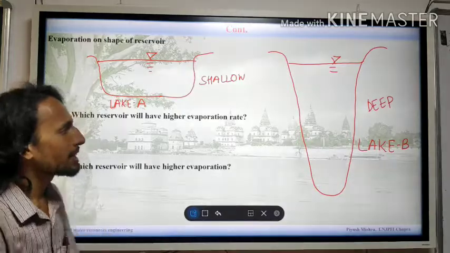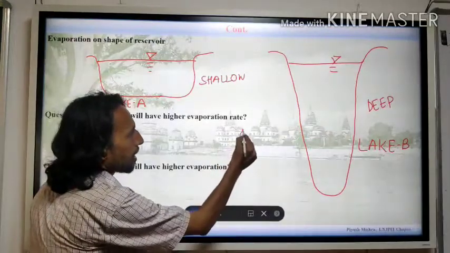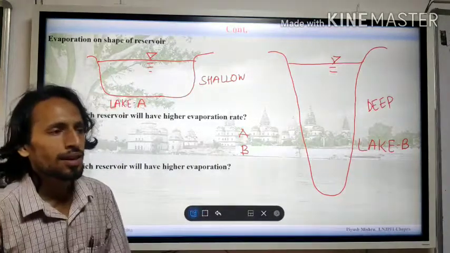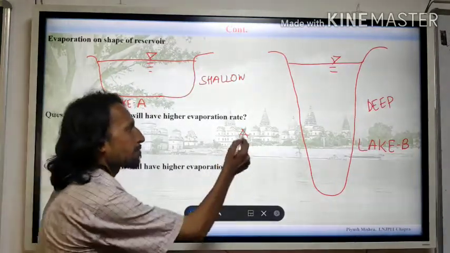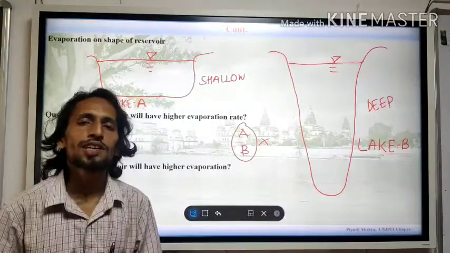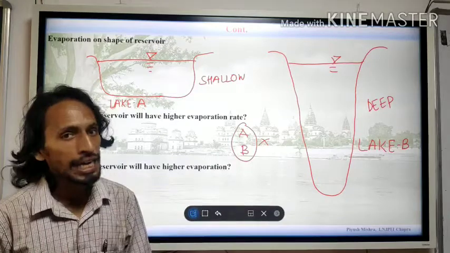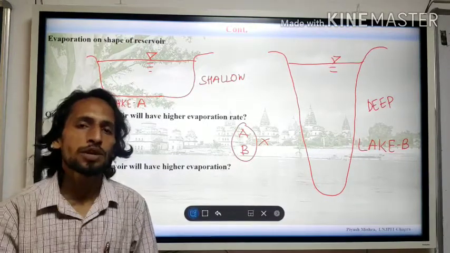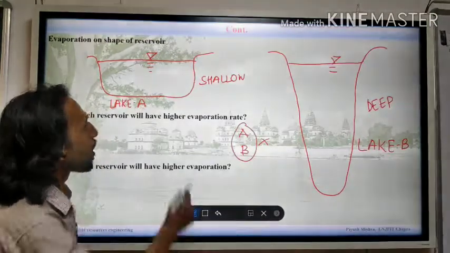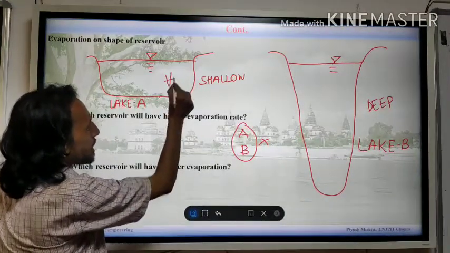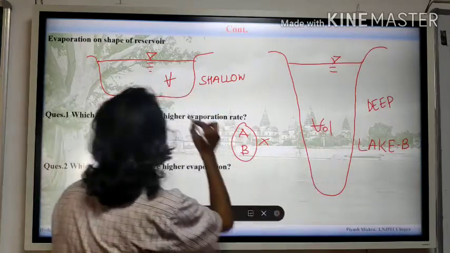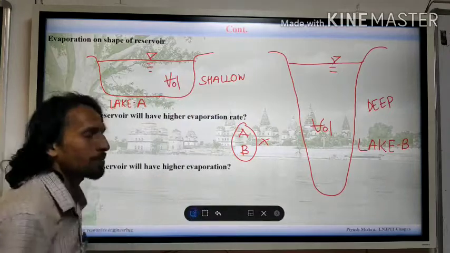Somebody may say A, or somebody may say B, there are only two options. But both of them are wrong answers, because you cannot tell that until I give some more data. The first data I should give is that the volume of water in this lake and the volume of water in this lake is the same.